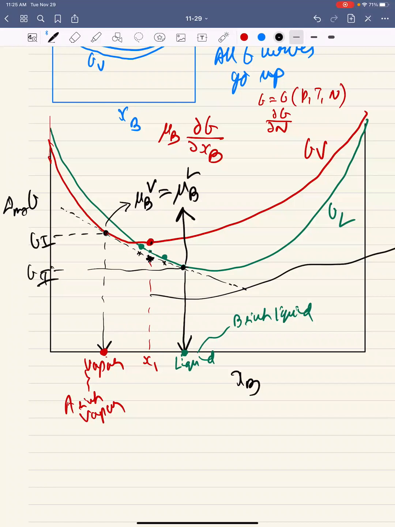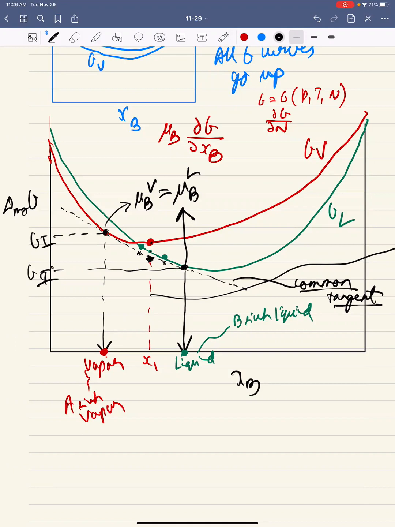You could go to a fictional state almost lying on the straight line connecting these two special points, a very special straight line, which is the common tangent. And Gibbs was the first guy to do this, I think, the common tangent construction.